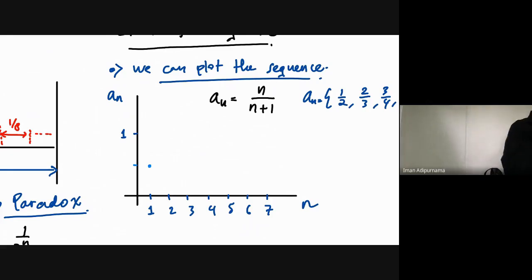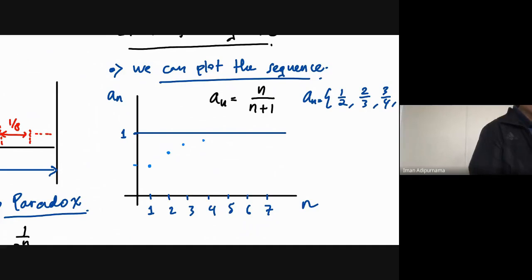And then n equals 2 and 2/3 maybe here. And then 3/4 maybe around here, then 4/5. And let me draw the line from this number 1.